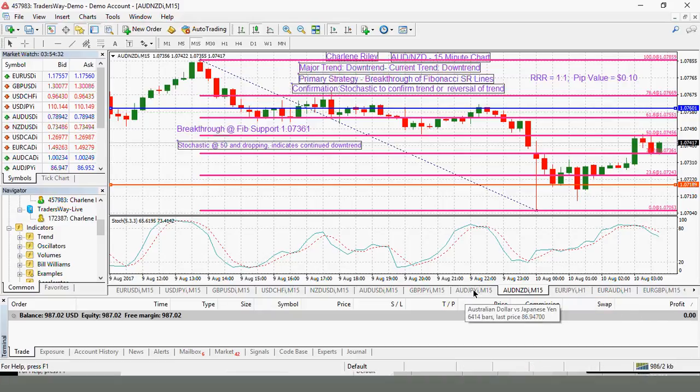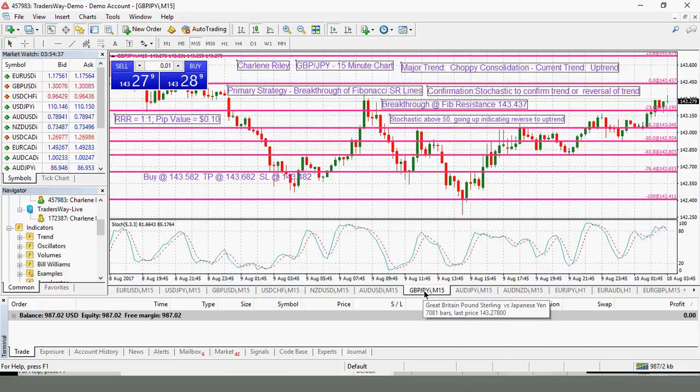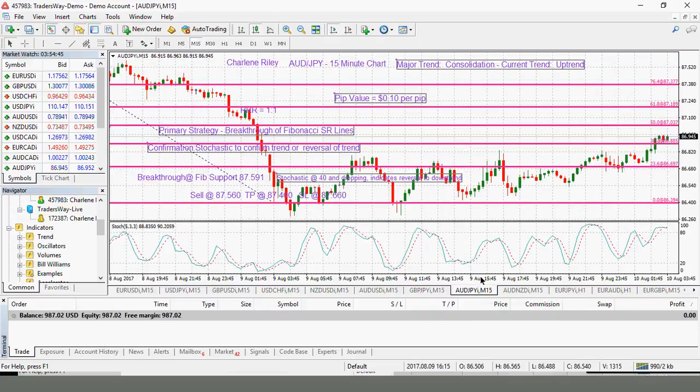So I'm also going to take a peek at the Australian JPY. And the major trend is consolidation, and the current trend is an uptrend.